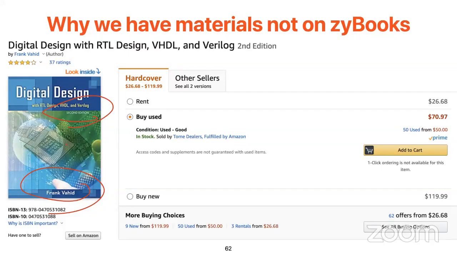And the reason why I don't use the physical book is, first of all, even a used book is this expensive, and the new one is about 120 bucks. That's too expensive. Plus, during the COVID-19 period Amazon is not shipping stuff on time, so I want to avoid this kind of chaos.